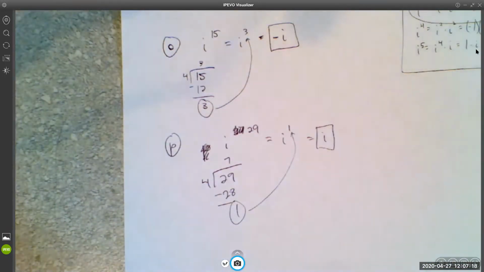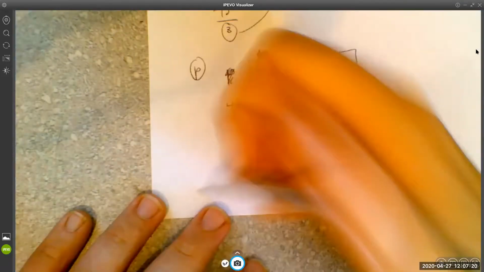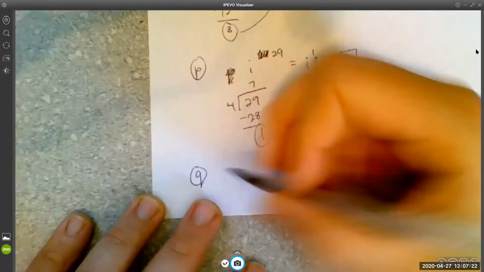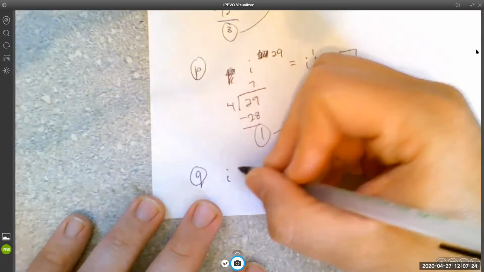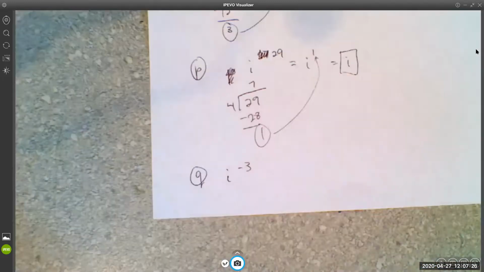This works with negative exponents as well. So if you had i to the negative 3 or something like that, well, how would this work exactly? I to the negative 3.